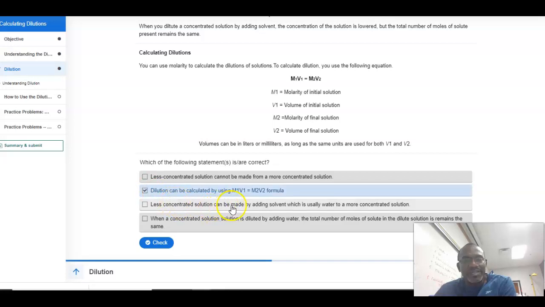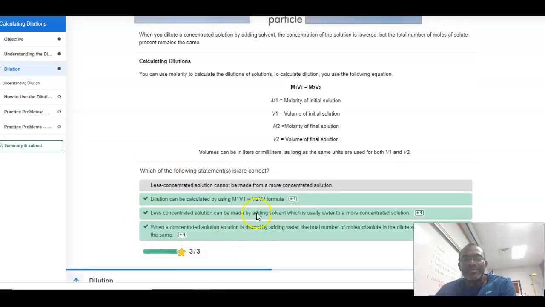Less concentrated solution can be made by adding solvent, which is usually water, to more concentrated solution. That is true. When a concentrated solution is diluted by adding water, the total number of moles of solute in the dilute solution remains the same. That is correct. Okay, so in this case, we have our three correct answer choices.